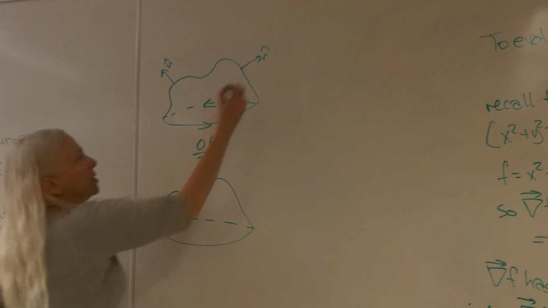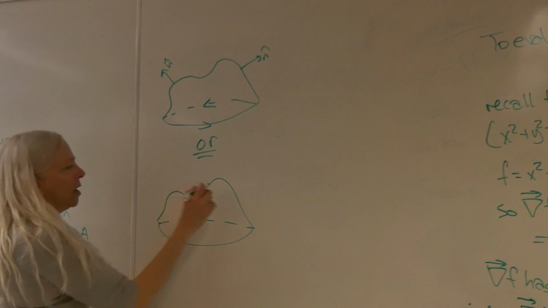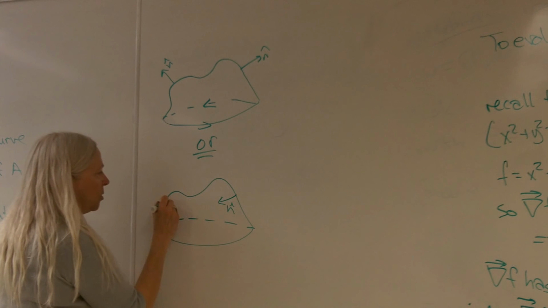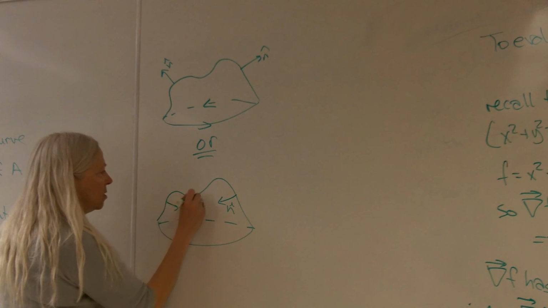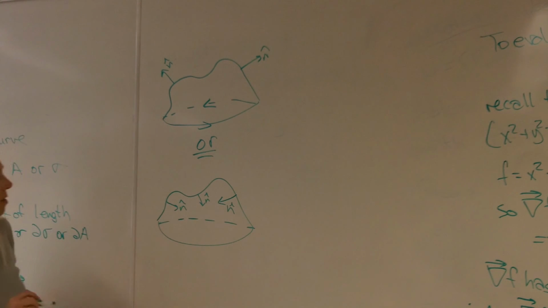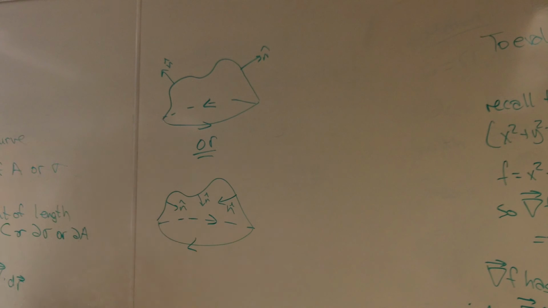I talked about a hemisphere before as an example of a surface. This is just sort of a distorted hemisphere. If you take inward, quote unquote, pointing normals, as indicated like this, then you would have to go around this surface in the opposite direction.